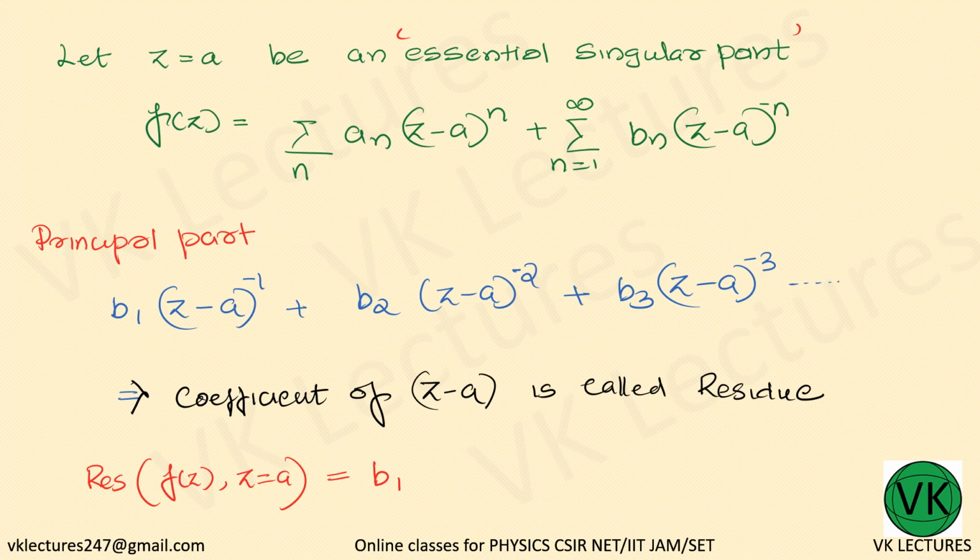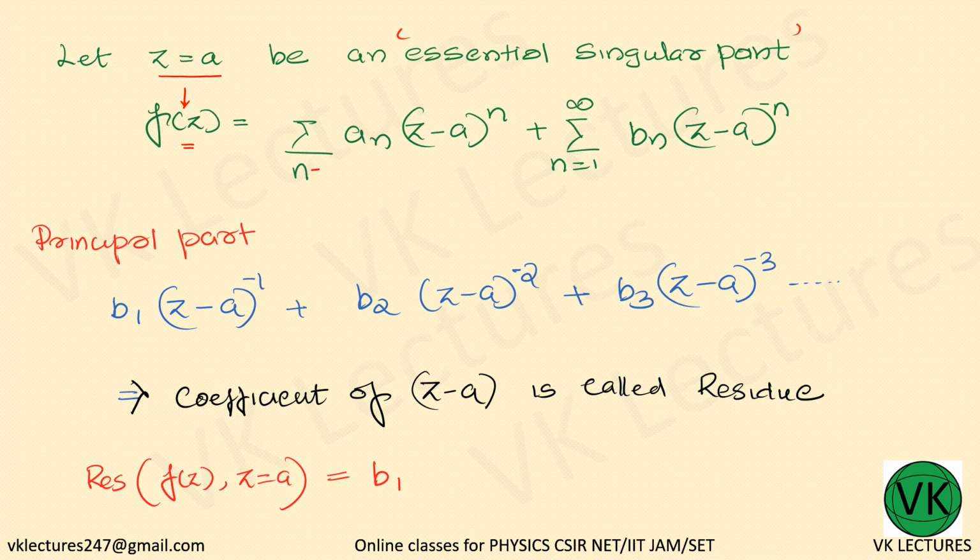Now, assuming that at z equal to a the function f of z has an essential singular point, then we can write f of z in the Laurent series form: sum over n equal to 0 to infinity a_n z minus a to the power n plus sum over n equal to 1 to infinity b_n z minus a to the power minus n.